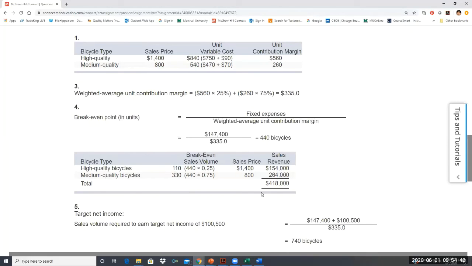Sorry, this is the total sales, not the break-even point. The break-even point is 440 bikes. So that's the relative sales of each of the bikes at the break-even point.